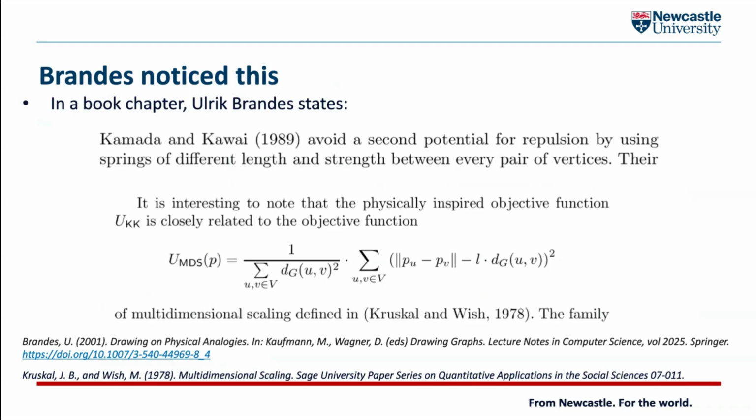So Kamada-Kawai and MDS have a very strong relationship. Barring a few algorithmic details, you just take the shortest path distance matrix and plop in a high dimensional distance. That's it.